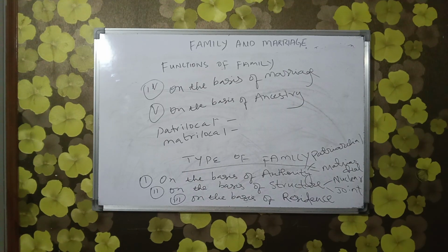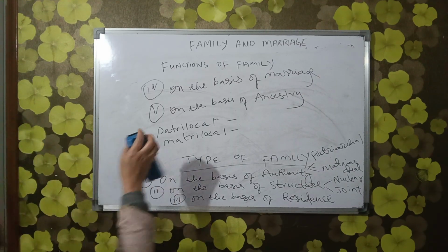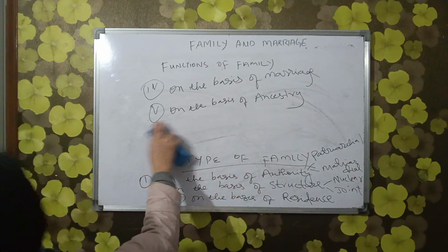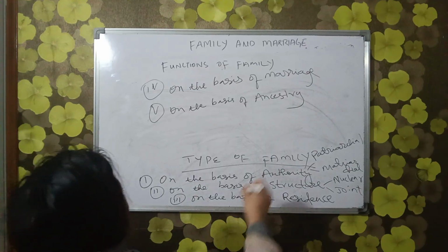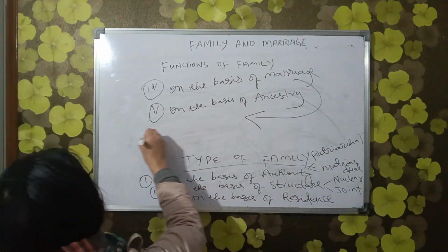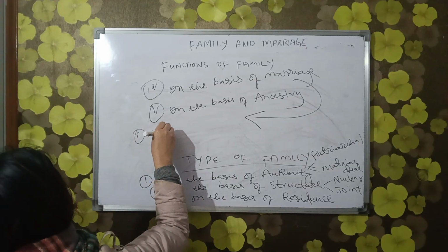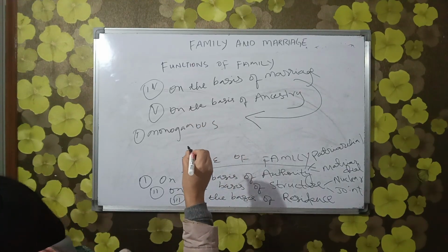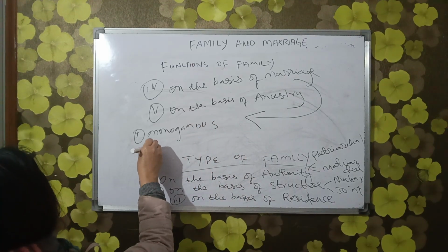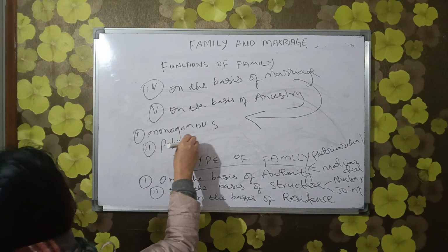And next is on the basis of marriage. On the basis of marriage, the family is again divided into three types. The first one is monogamous. The second one is polygamous.